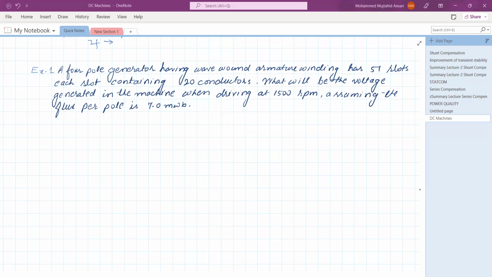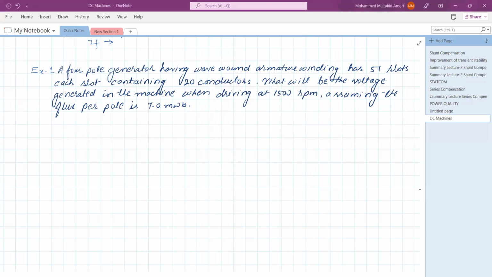So this is the one example. A 4-pole generator having wave wound armature winding has 51 slots, each slot containing 20 conductors. What will be the voltage generated in the machine when driving at 1500 RPM, assuming that the flux per pole is 7 milliweber?